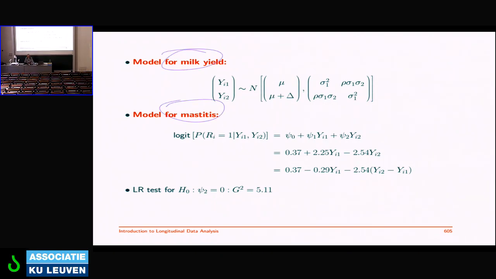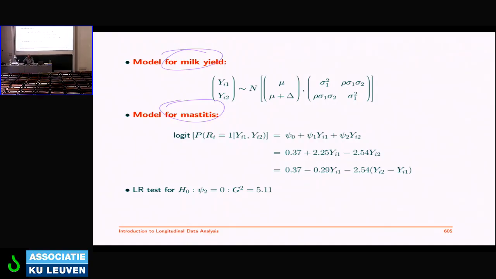And in this case, getting mastitis is equivalent to dropping out and have no milk yield. But still, there is scientific interest in mastitis. And often we say the missing data mechanism is a nuisance. And it is, from the milk perspective, but if we want to study mastitis, it's our primary piece of interest.